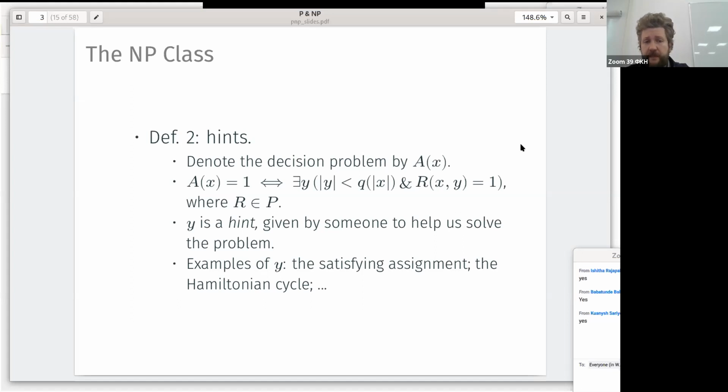Again, for the Hamiltonian cycle problem, if we don't know the cycle, the problem is supposed to be hard. We don't know how to solve it. But if we have the cycle given as a hint, then we can solve it. And the hint should be of polynomial size. This is important because otherwise we could get too much information. So Q is some sort of polynomial. It may not be the same polynomial as the polynomial bound for R, but maybe.